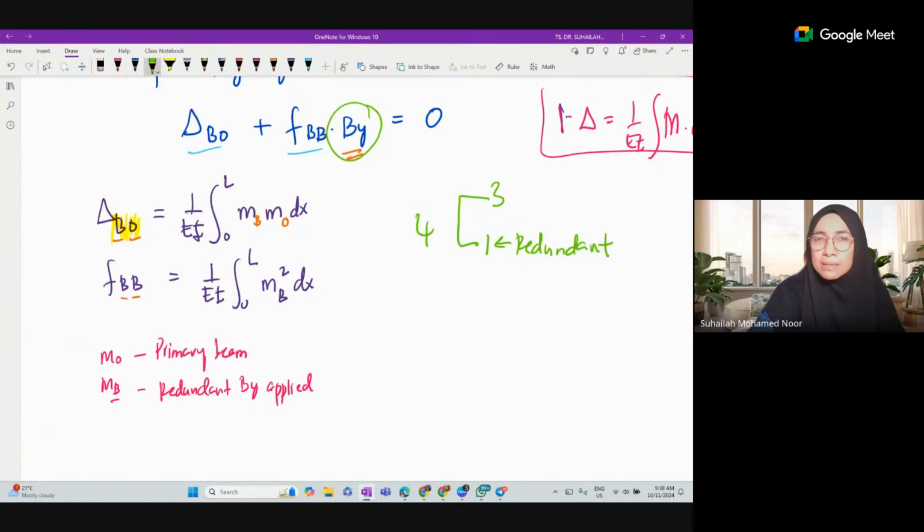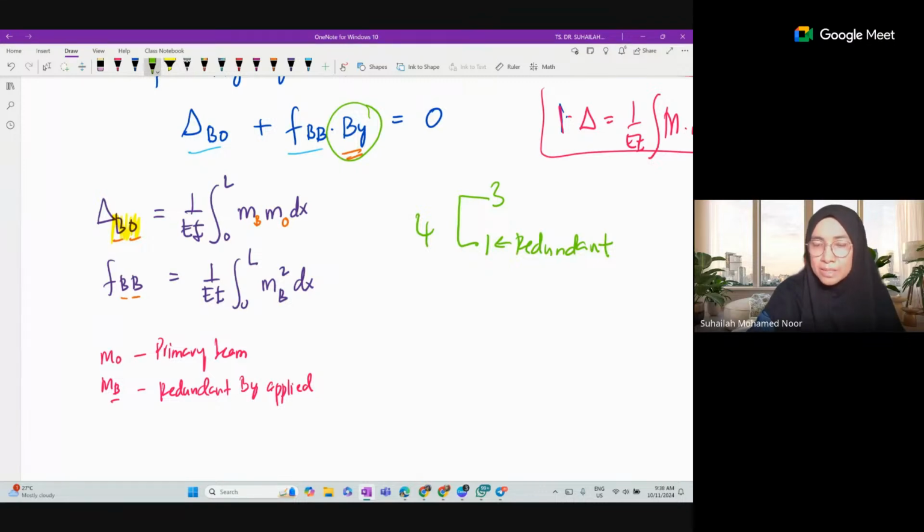So what is the flexibility method? We use the flexibility method for indeterminate structures whenever the three equilibrium equations are not enough to solve for the reactions. Then we have more than three, so we have a redundant in the system, and the problem here is the redundant.